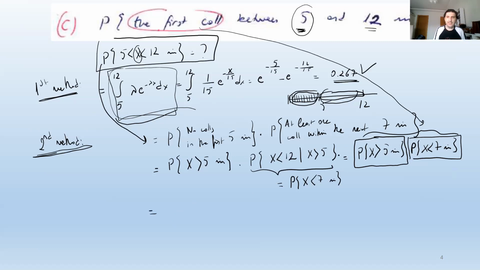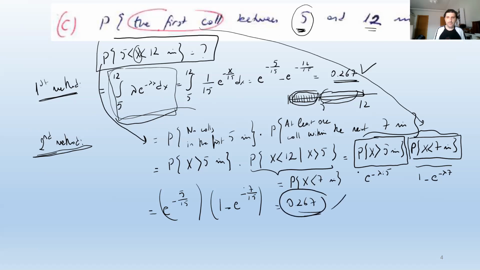So this one is going to be equal to exponential minus lambda times 5, and this is going to be 1 minus exponential minus lambda times 7. If we write the whole thing, it's going to be exponential minus 5 over 15 times exponential minus 7 over 15. And if you do the calculation, the very same result is obtained.